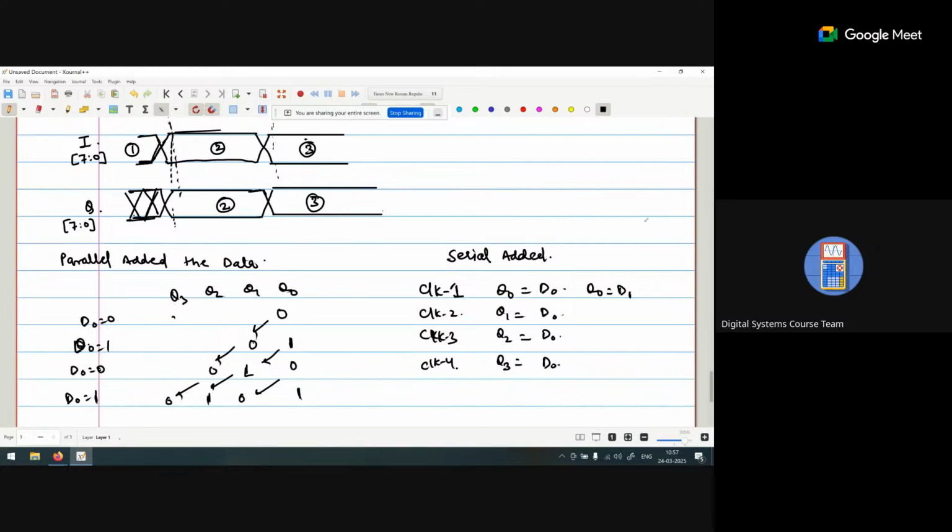So after applying the four data bits to the clock, we are getting the first output as a two. Okay. Yes, any doubt?